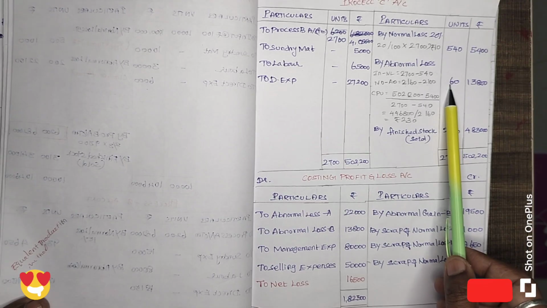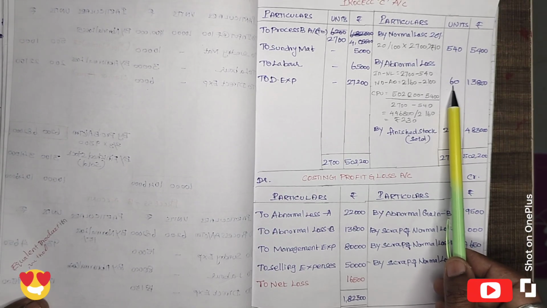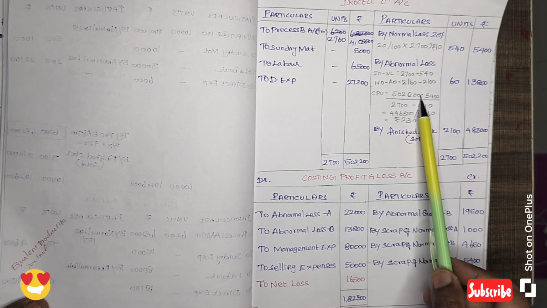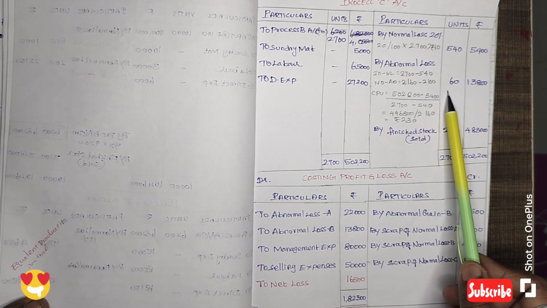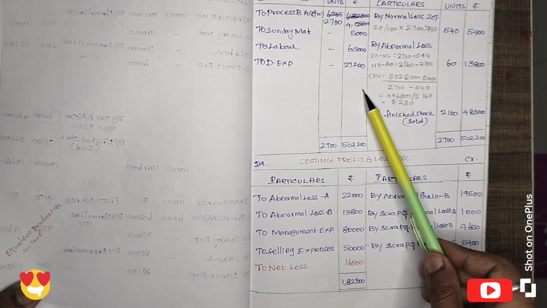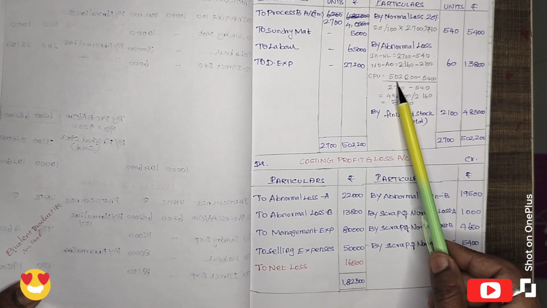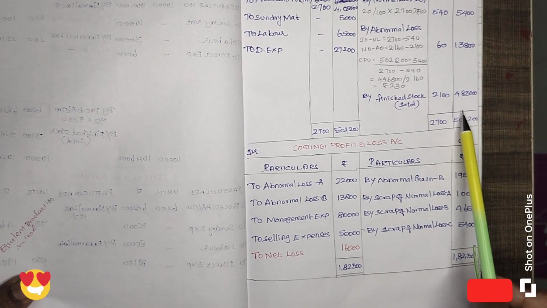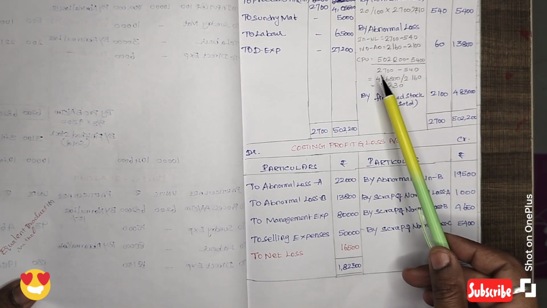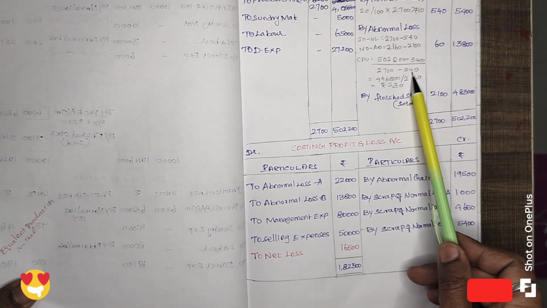Okay, then we need to find out the value of the abnormal loss. Before we find it, we need to find out the cost per unit. Then only can you find the value of abnormal loss. How can you find the cost per unit? It is very simple: total cost minus scrap value, divided by total input minus normal loss.